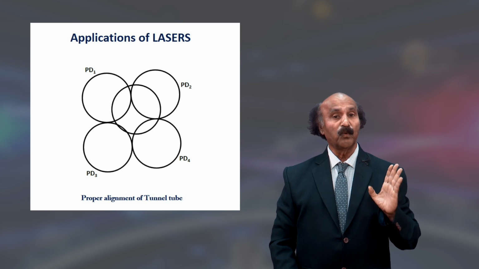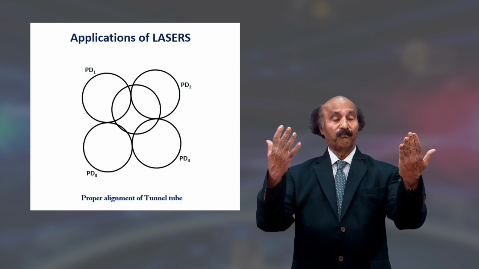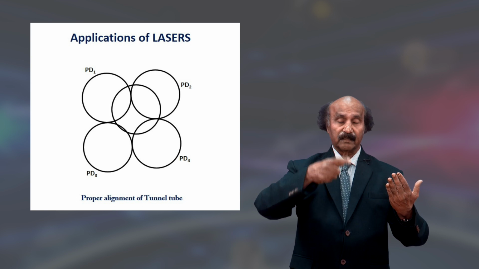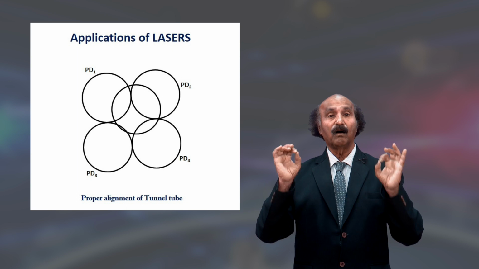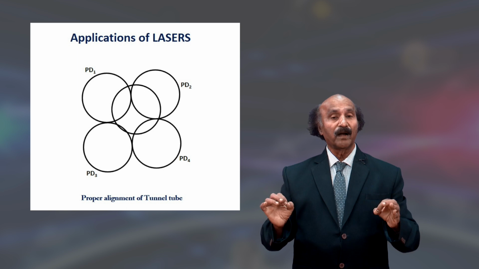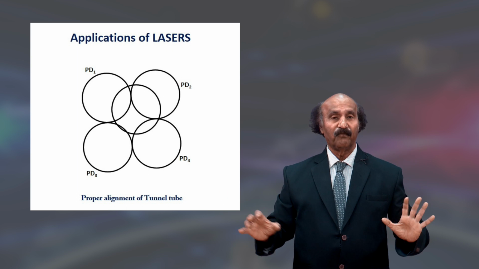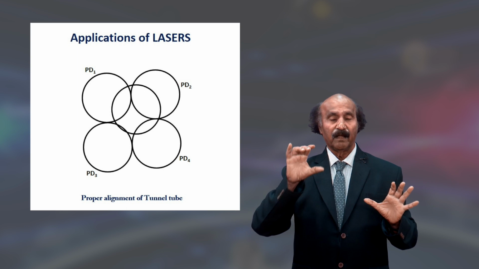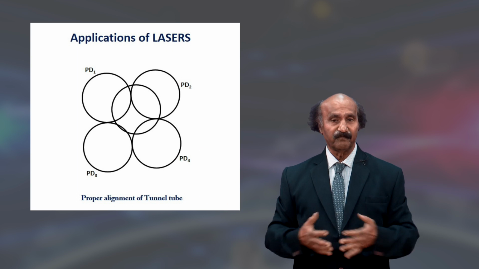When they show equal intensity, it means the tube ring is cutting all the 4-quadrant photosensitive detectors equally well. If it is equal, that means it has been centered, it has been properly aligned. That is the meaning of this.